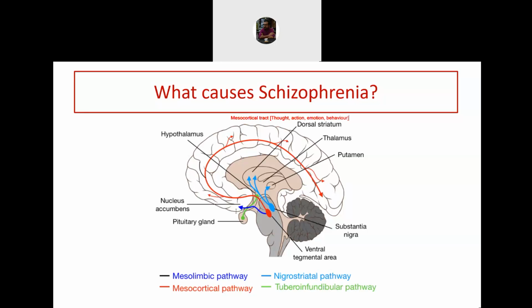A smaller tract projects towards the limbic cortex. And as it projects towards the limbic cortex, this blue area is therefore known as the mesolimbic tract. The mesolimbic tract is also important in regulation of our emotions.